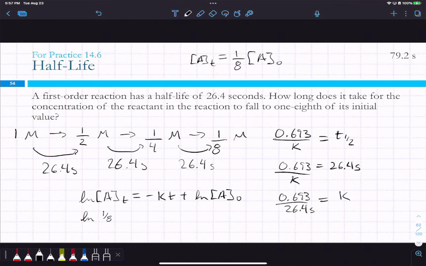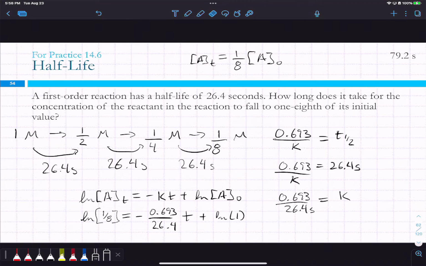Well, I could make it even easier. Sorry, I probably made this more confusing. So I'm just going to put in 1/8 here, because the half-life of a first order reaction does not depend on the concentration. It doesn't matter what our concentration is, it's going to be constant. So we can plug in any concentration that we want. We could say that we're starting with a concentration of 1. How long does it take us to get to 1/8? Without actually calculating any numbers, this will be t plus, and conveniently, the natural log of 1 is 0.